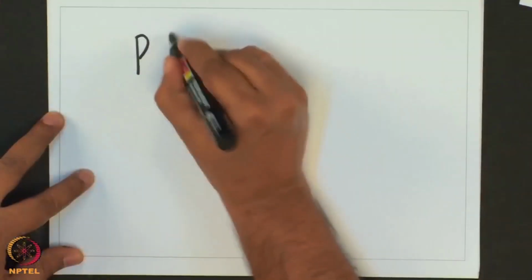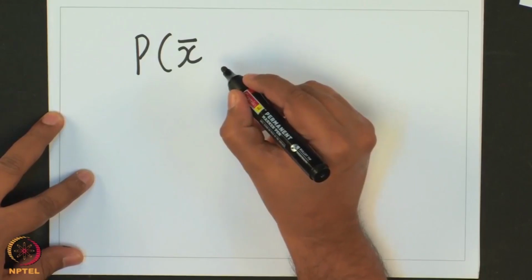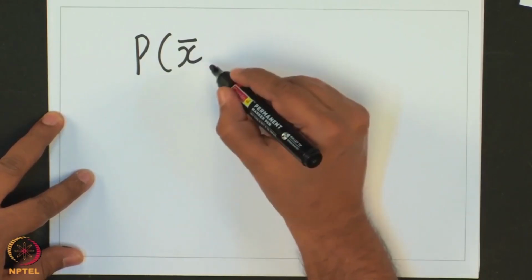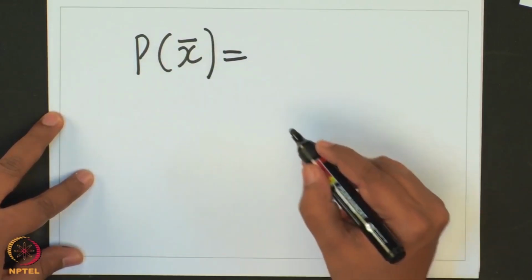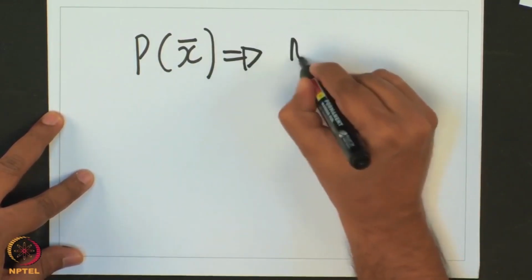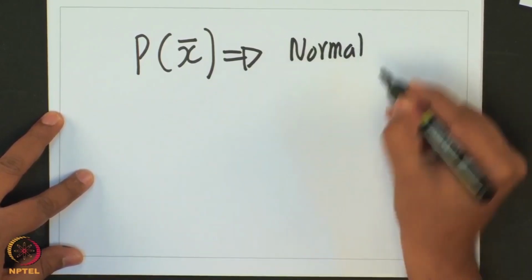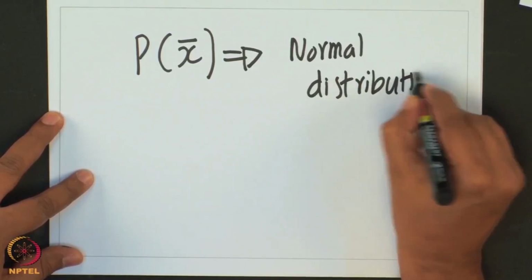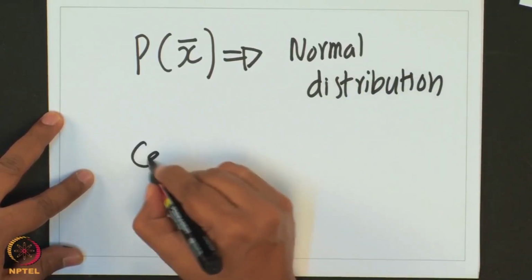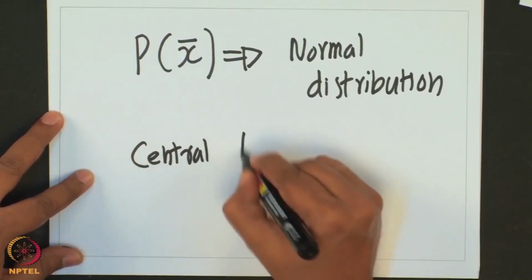Now we can plot the distribution of the mean values, that is, P of x bar, and it turns out that this would always be a normal distribution. There is a theorem in mathematics which says the distribution of the means would be a normal distribution. This is called the central limit theorem.